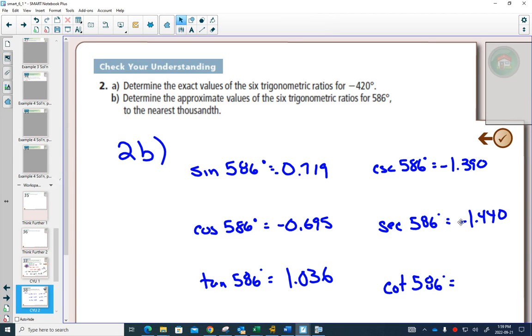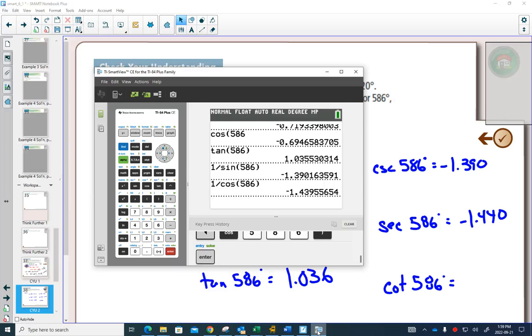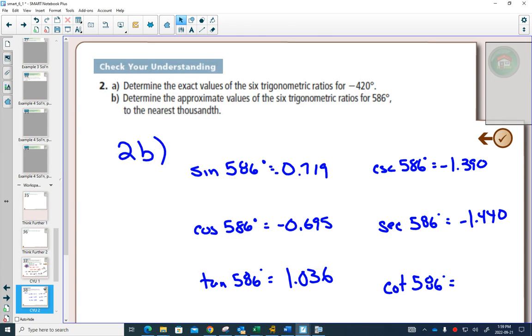And finally, cotangent of 586 would be 1 divided by tangent of 586, 0.965. We've got our answers here.